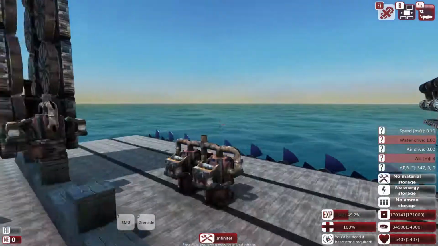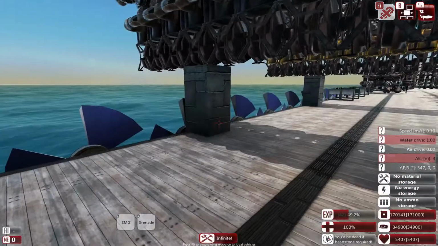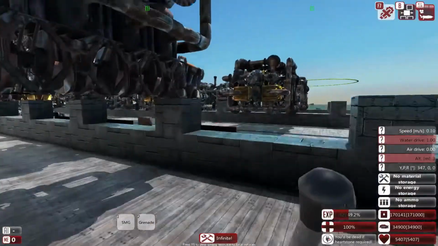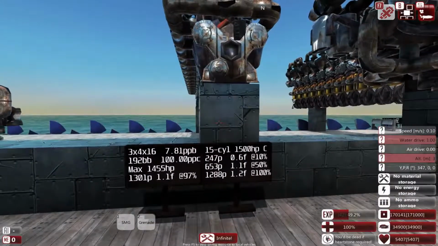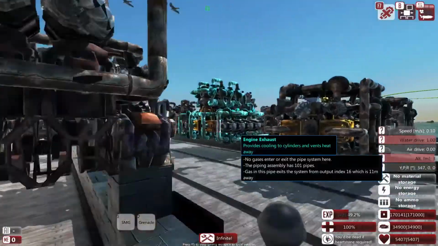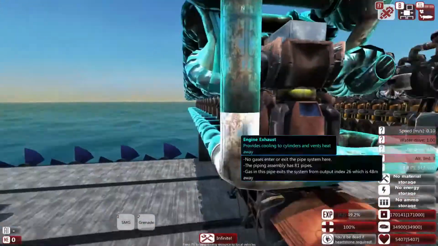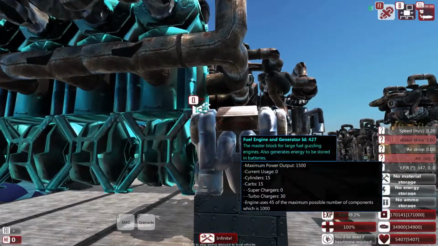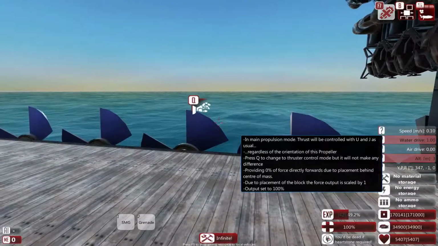And how do you do that? Because you can't drive your ship without making power. So the best way to do it, if you have space and you want the maximum efficiency, is turn this into an electric generator and make your ship electric.